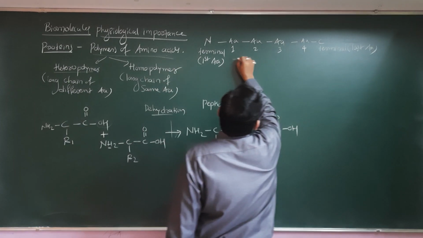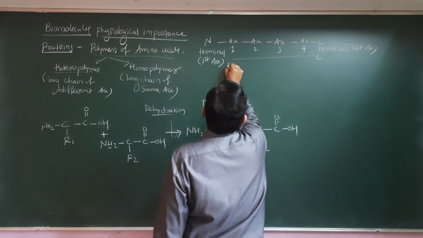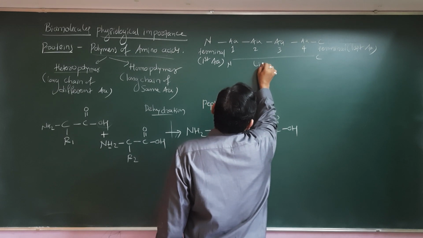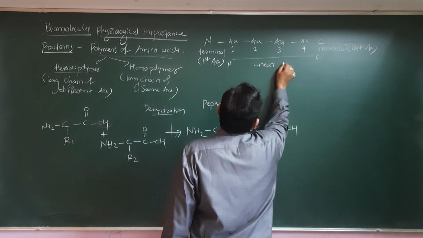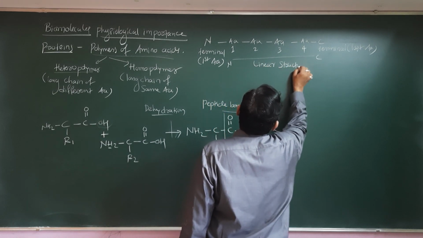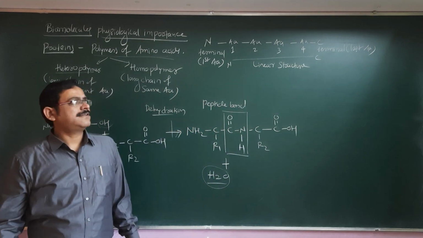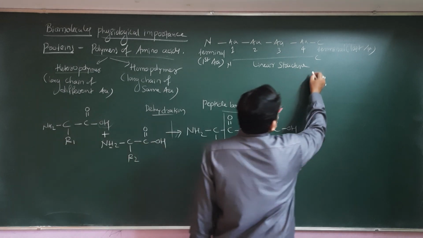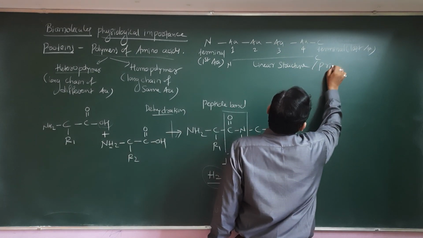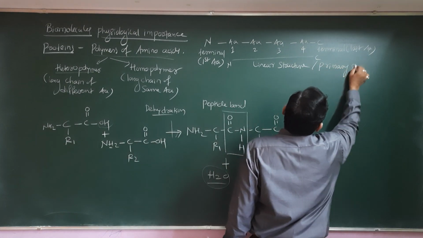This long chain from N to C is called the linear structure of the protein. The linear structure is also called the primary structure.